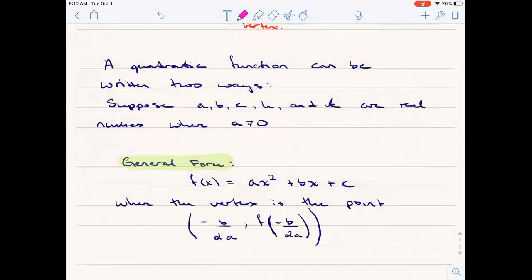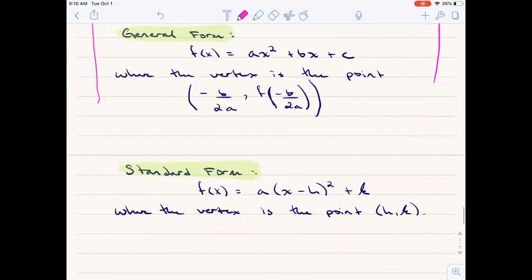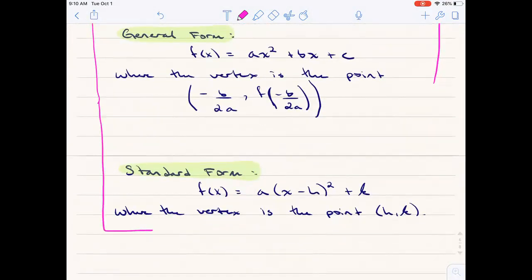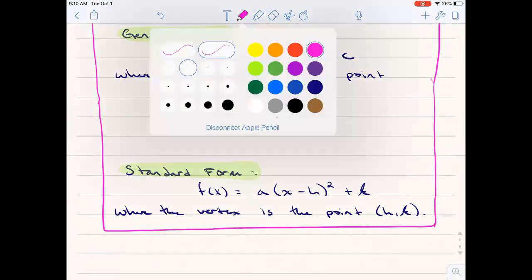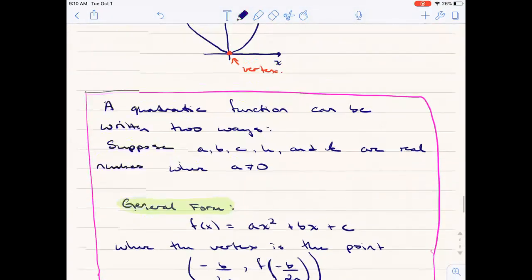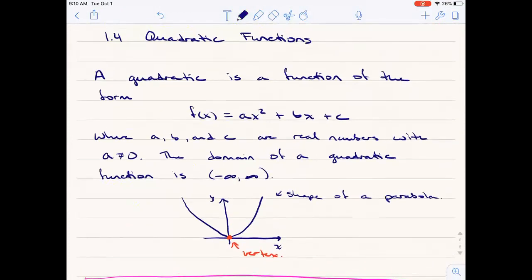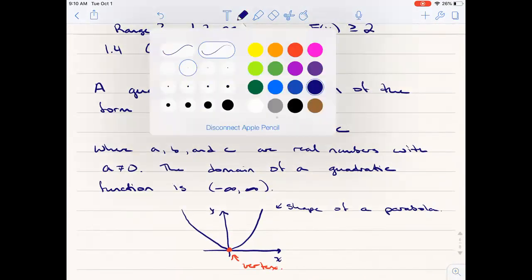Put a little square around this here. I didn't put a square around this, but I will.